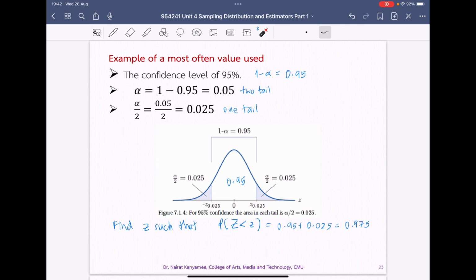Just like that. How do I get this? I add this 0.95 to 0.025. Add these two together.